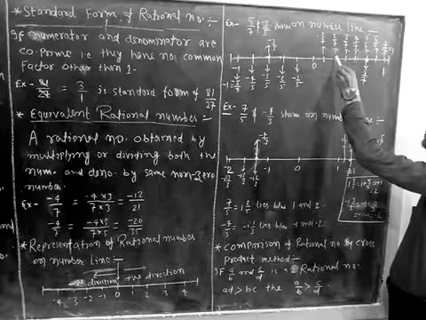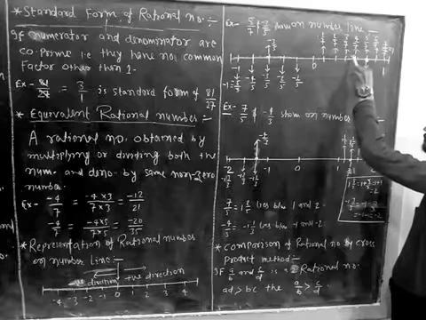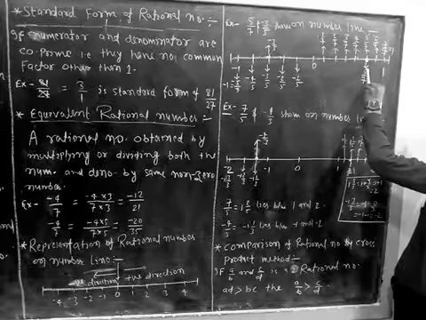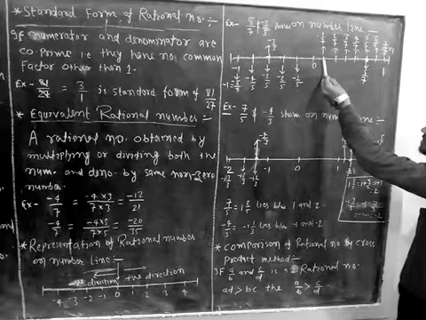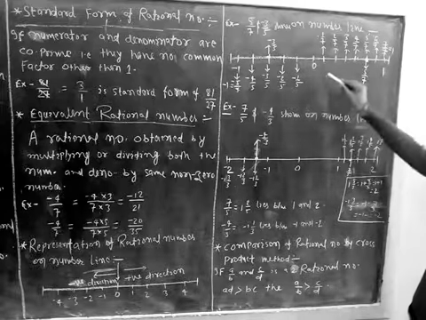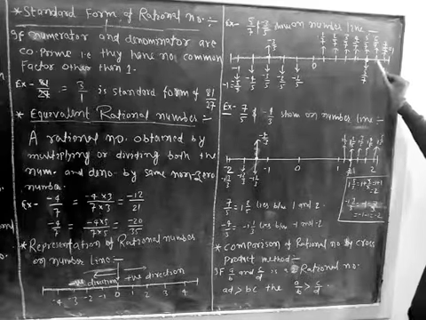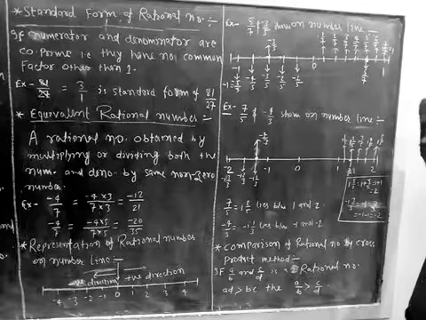Take 7 equal parts between 0 and 1: 1, 2, 3, 4, 5, 6 and 7.